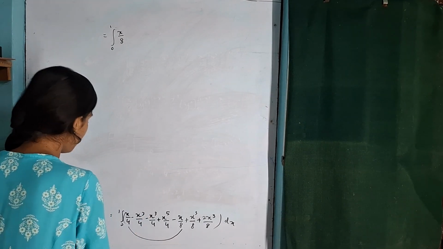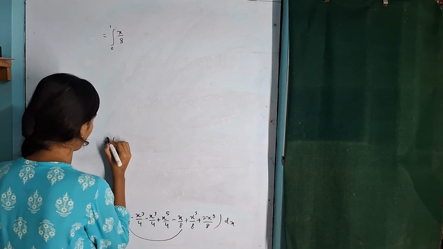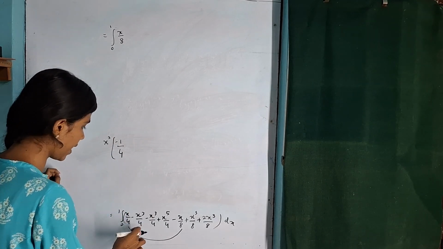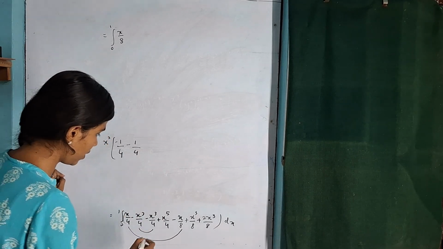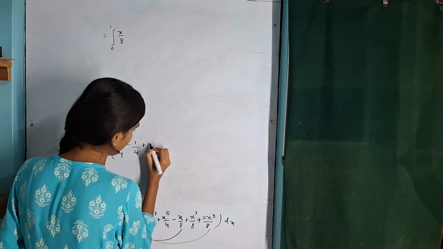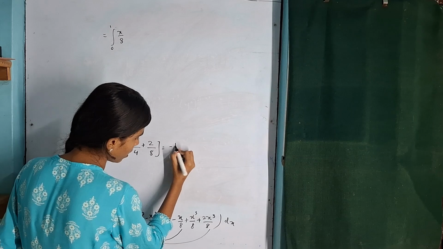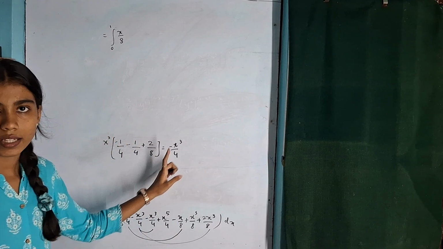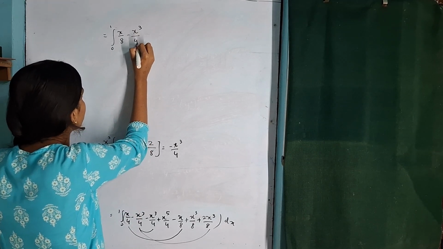Now next, for x cube, you are going to keep x cube outside. Here it is minus 1 by 4, and we have another term here, minus 2 by 8. So this is going to give you minus 1 by 4, so I am going to write it as minus x cube by 4.